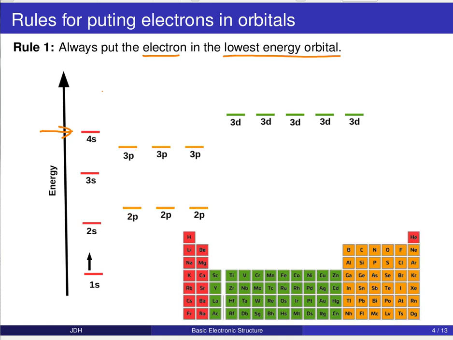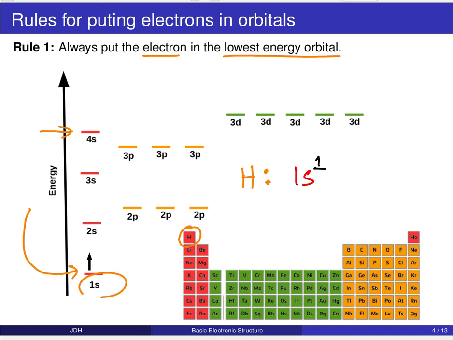So the hydrogen atom right here, which is composed of just a single electron, is going to go into the lowest energy orbital way down here, which is a 1s. That means that the electron configuration for hydrogen is going to be a single 1s orbital, which we're denoting in red, and we have a single electron in that 1s orbital.